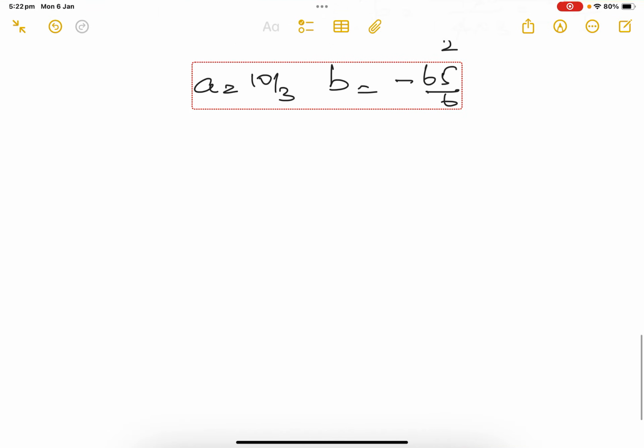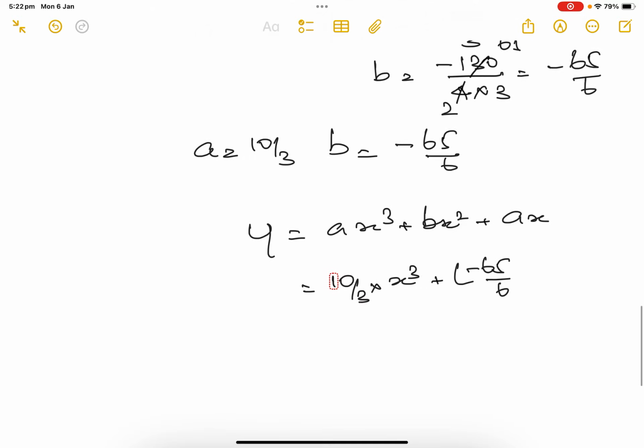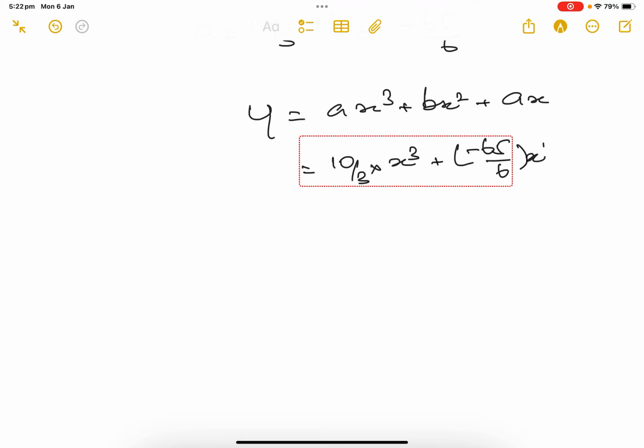Let's go to that equation. The equation is ax cubed plus bx squared plus ax. If we substitute these constant values a and b into here, it is 10 over 3 times x cubed plus minus 65 over 6 x squared plus 10 over 3 times x.